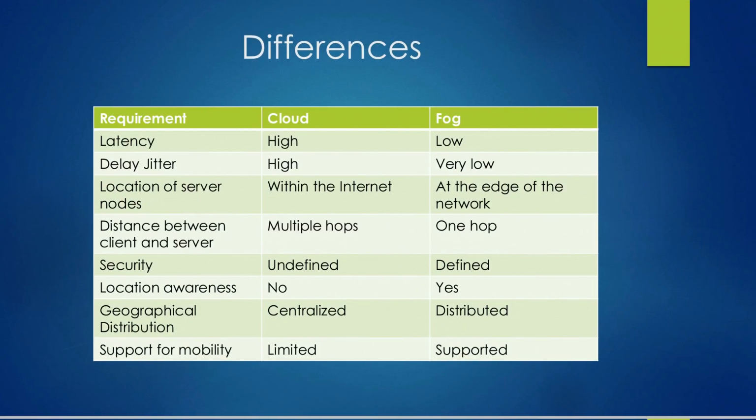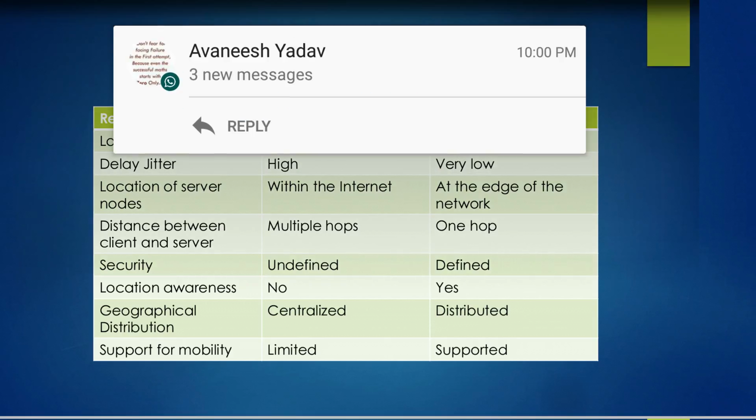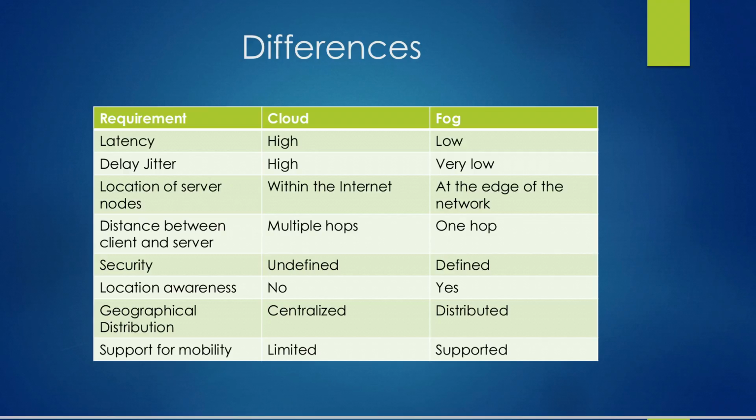The first one is latency, which is quite high in cloud and low in fog. Then we have delay jitter, which is also high in cloud and very low in fog. So fog is very beneficial. The location of servers in cloud is within the internet, and in fog it's at the edge of the network. For the distance between client and server, in cloud there are multiple hops, and in fog there is only one hop.